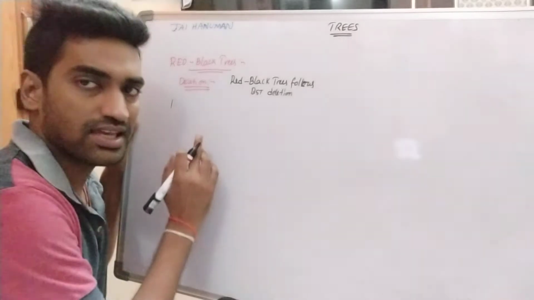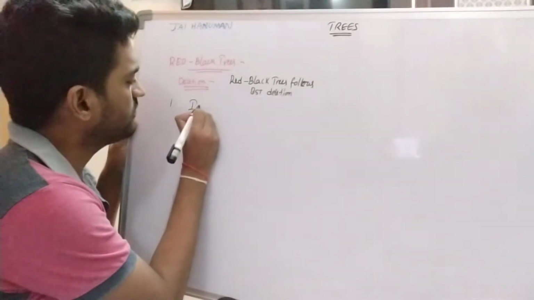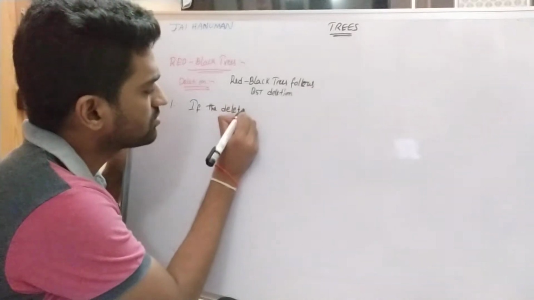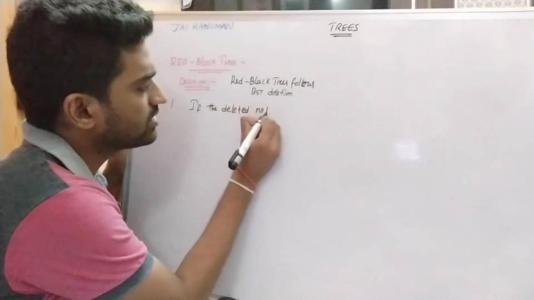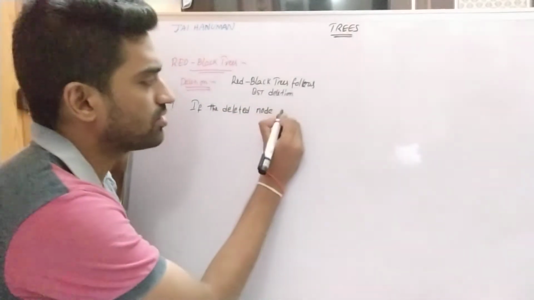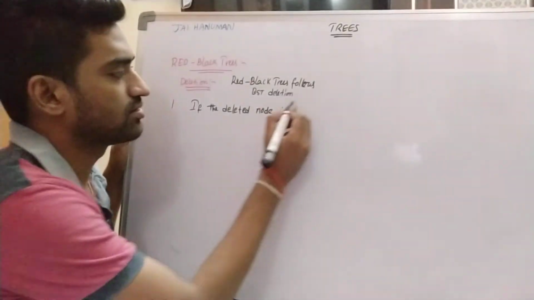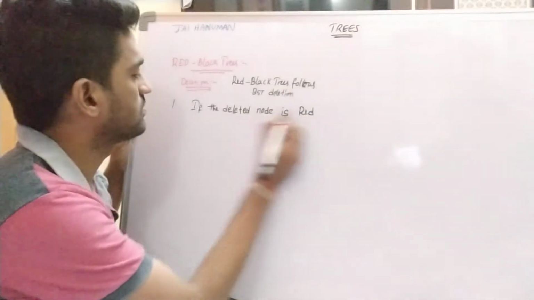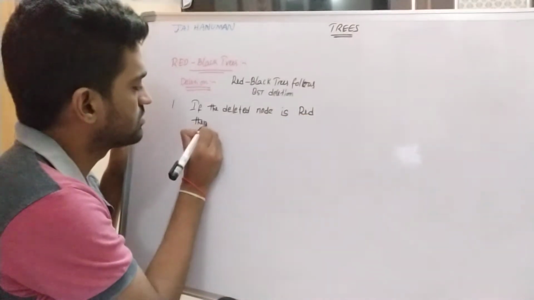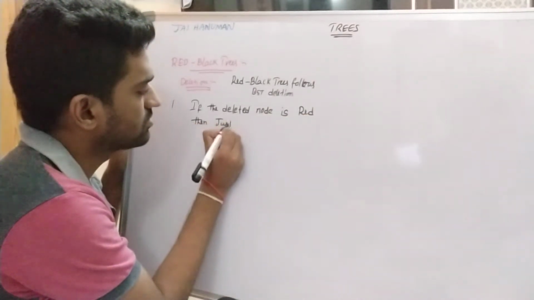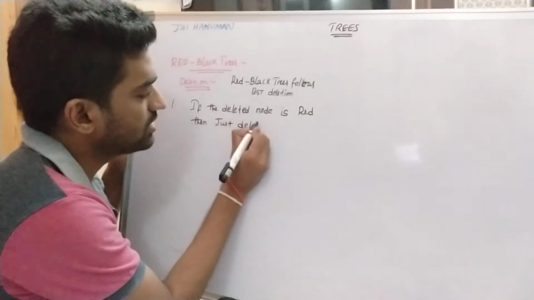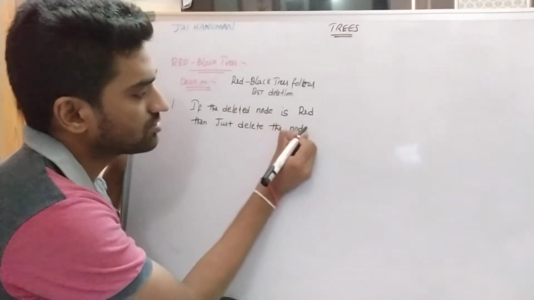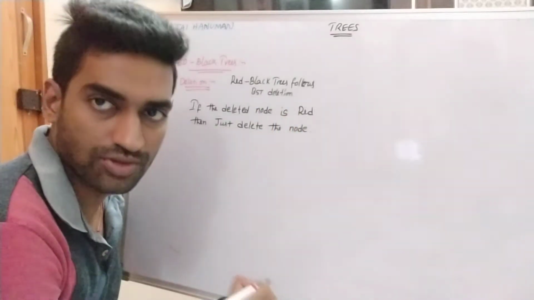The first case is if the deleted node is red, then just delete the node.